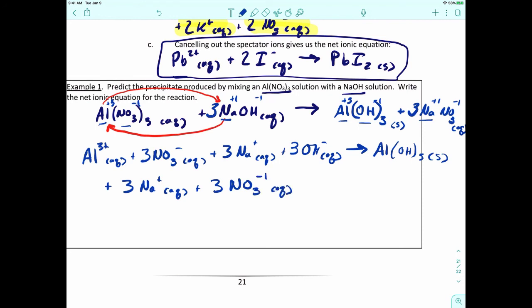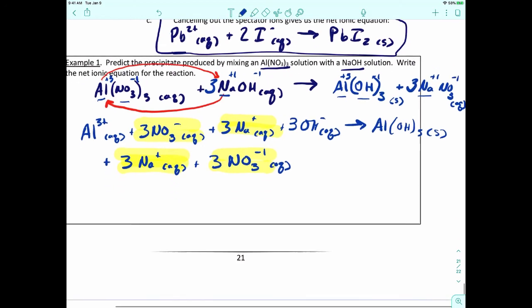All right. Now, the next step is that we've got to figure out what cancels out on the left and the right-hand side, what shows up on both. So sodium ion for sure shows up on the left and the right. And the nitrate ion also shows up on the left and the right.